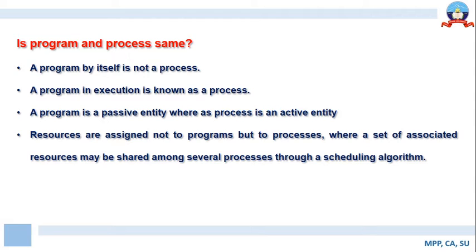That is called a scheduling algorithm. Wherever processes share resources, there has to be a very efficient scheduling algorithm capable of coordinating the operations of various processes. So this is the basic distinction between a program and a process.